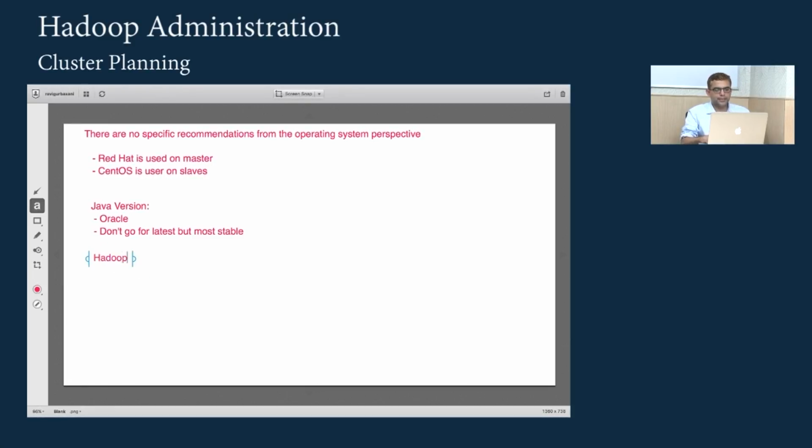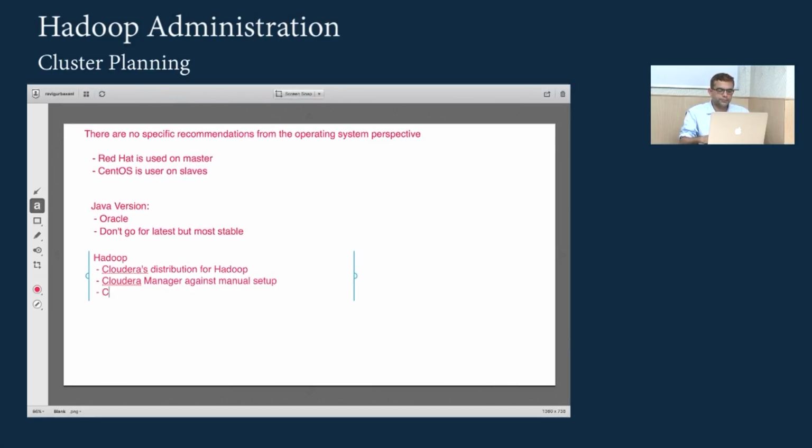The third recommendation is Hadoop. Preferably use Cloudera's distribution for Hadoop. A good idea would be to use Cloudera Manager as against manual setup.